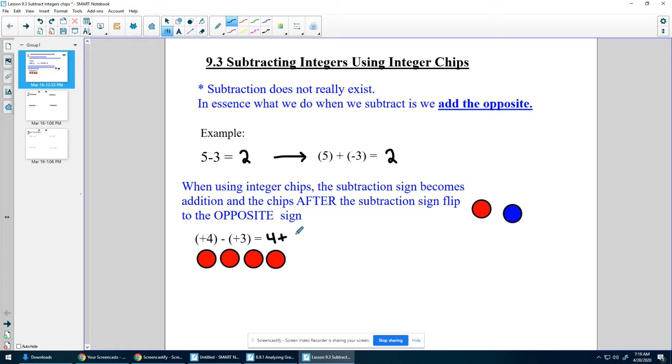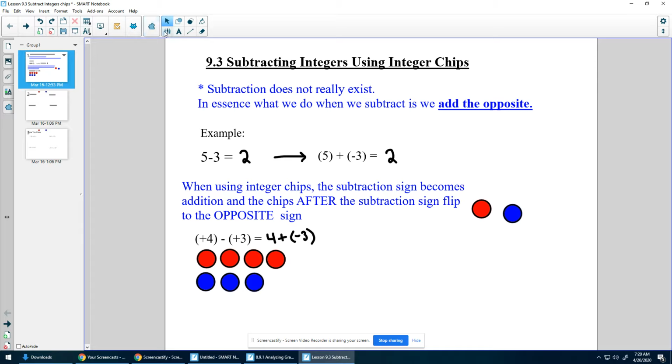And then we will get 4 plus negative 3. Okay, so we have our positive 4, and we're going to add negative 3. So this should be very similar to last week's adding lesson. What does that create for us?